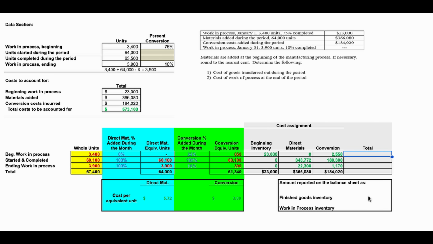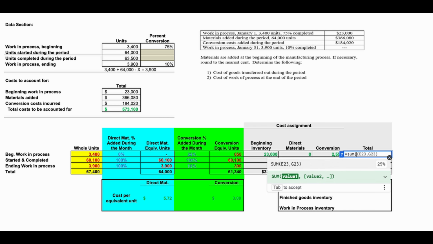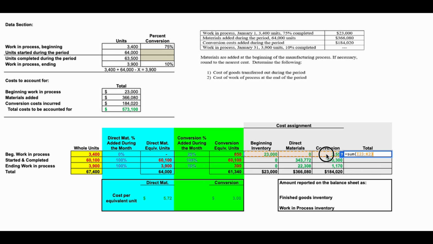We're going to come all the way to the right, and this is why I have it highlighted like this. We are just worried about the costs that have been assigned. So here we go. For our beginning work in process, $25,550. For our started and completed, $524,072. For our ending work in process, it's $23,478.